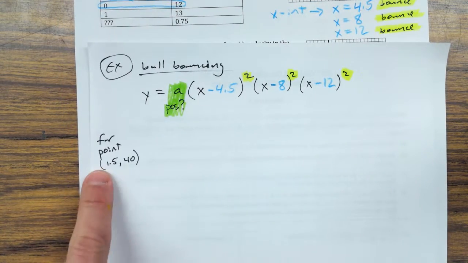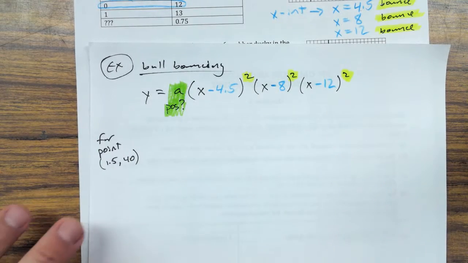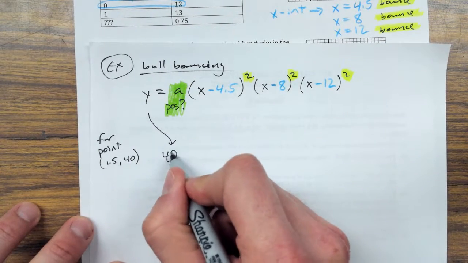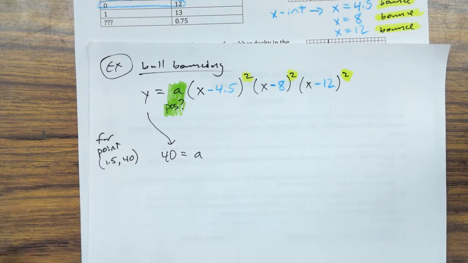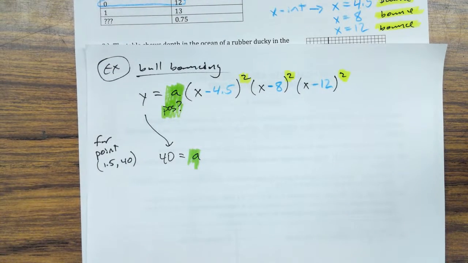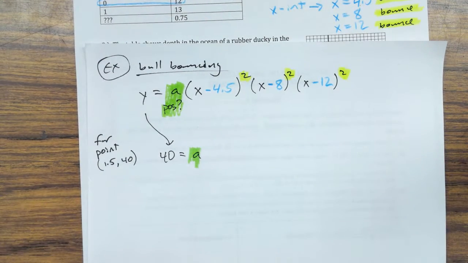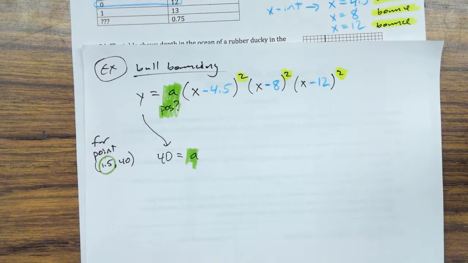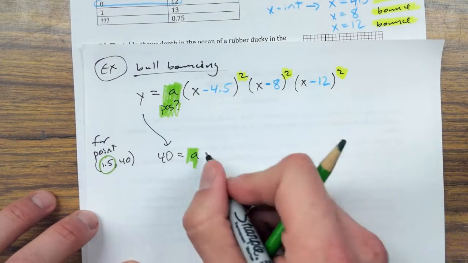So I'm going to drop that far point into the x's and the y's. So y is going to be 40 equal to A. A should eventually be positive, at least because of the right arrow. And then I'm going to take this 1.5 and write it in all 3.